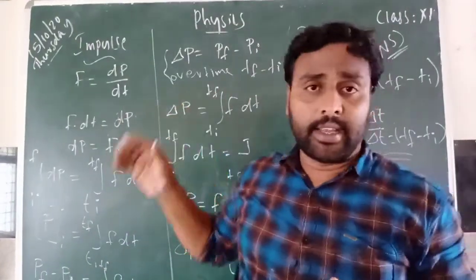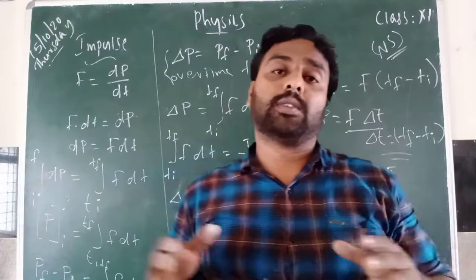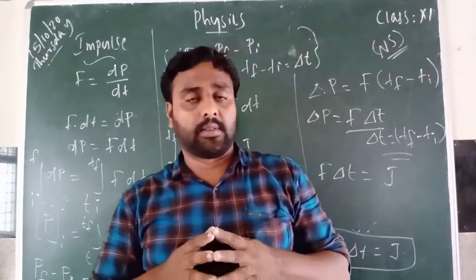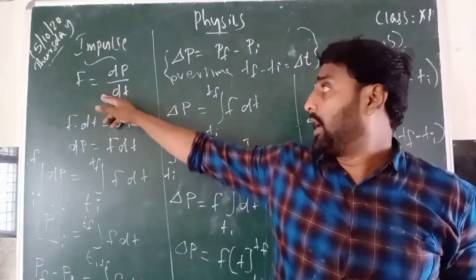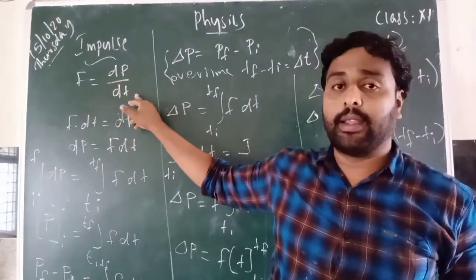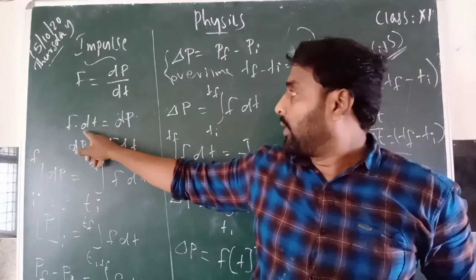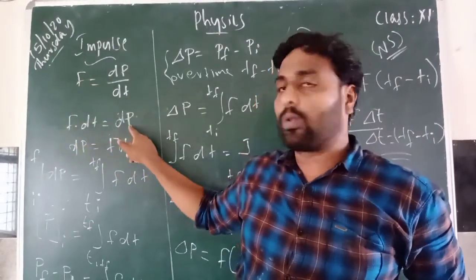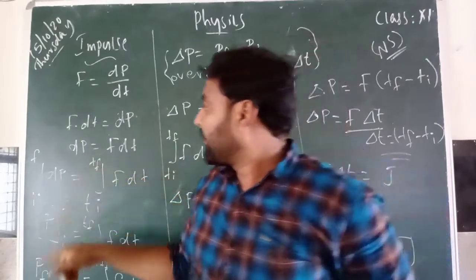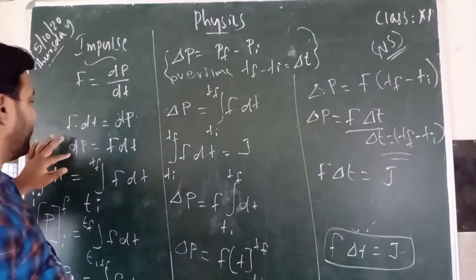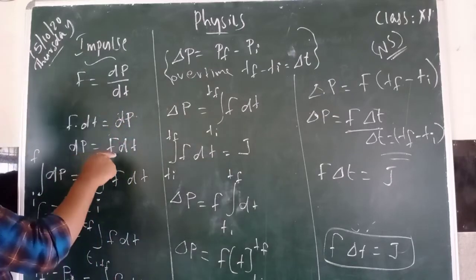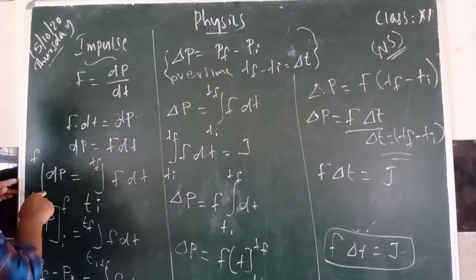So listen again. We are finding the impulsive force by using the change in momentum. From Newton's second law, the momentum formula, F is equal to dP by dt. Taking dt to the other side, F dt is equal to dP. Rearrange and write dP is equal to F dt.